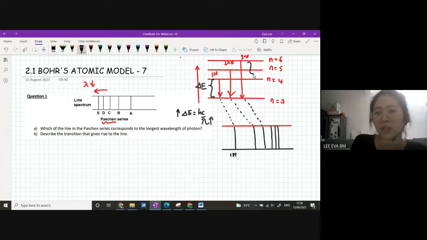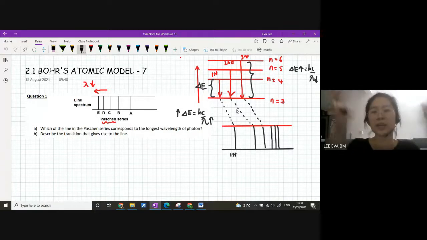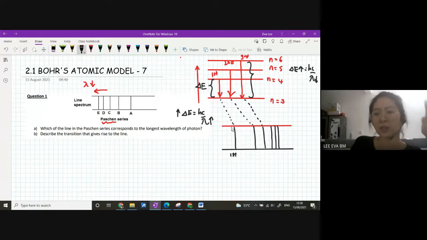Comparing to the third transition, delta E is bigger, therefore it represents a shorter wavelength. So here you will see that with a bigger gap, the lines are getting closer and closer. This one represents your second line, third line, fourth line, fifth line and so on.